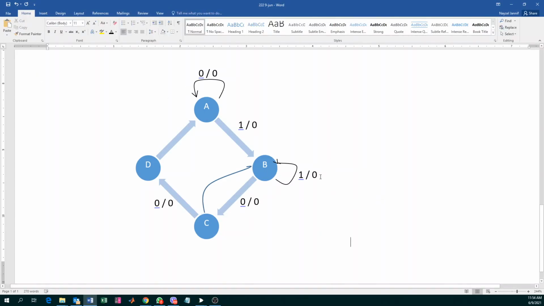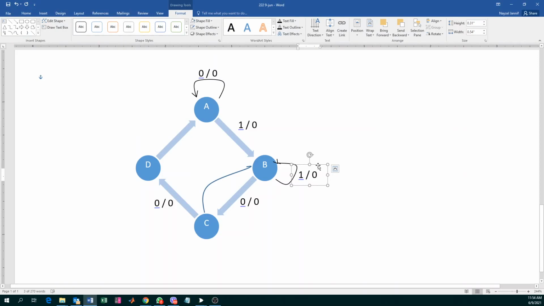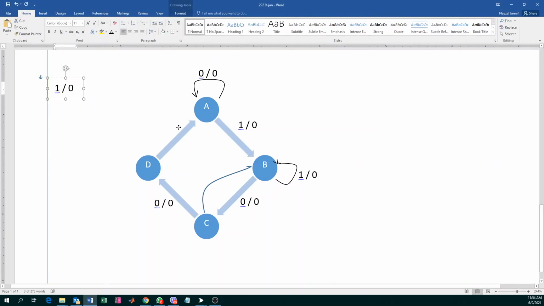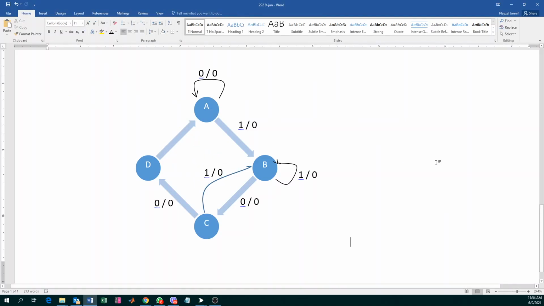Okay, let me just insert this thing here. All right, there we go. Okay, now let's look at the next line. So we've taken A into account, B into account.